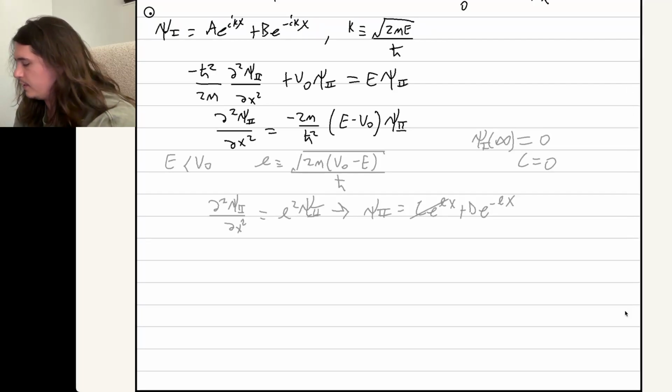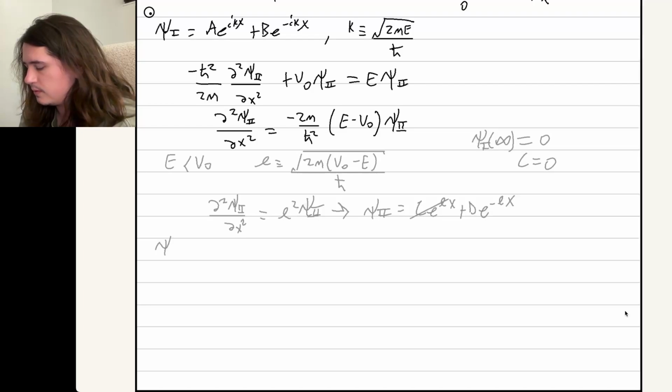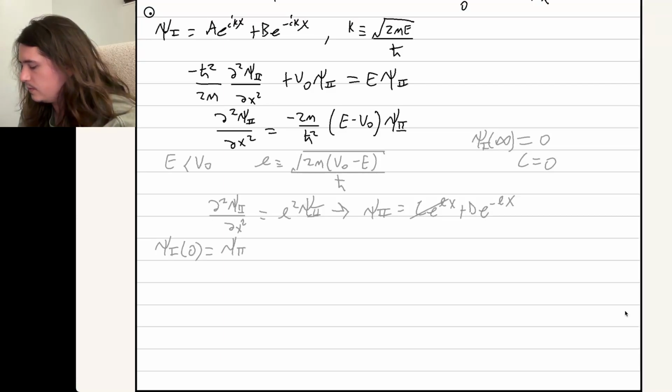And to get the reflection coefficient from this, all we have to do is use a couple boundary conditions. First of all, that the wave function will be continuous at the boundary, which is at 0 this time. So we have A plus B equals C. There's no C anymore, so just D. That's cool.